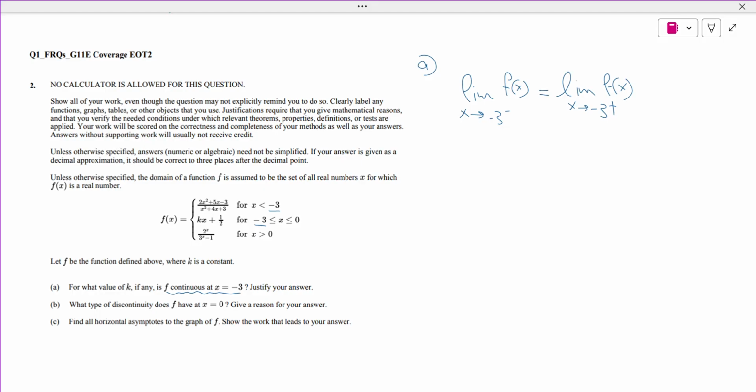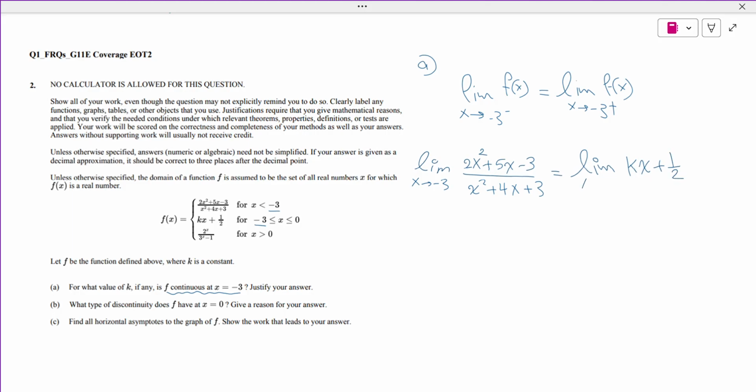So, which piece are we going to use for the left-sided limit? The left-sided limit is going to be the first piece, so we have the limit as x approaches minus 3 of (2x squared plus 5x minus 3) over (x squared plus 4x plus 3) equals the limit of the second piece, which is used for the right-sided limit, kx plus 1 over 2.